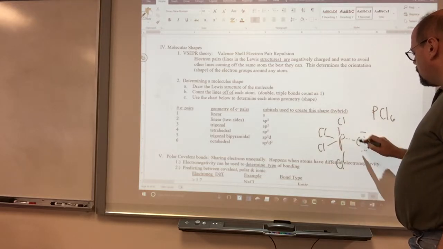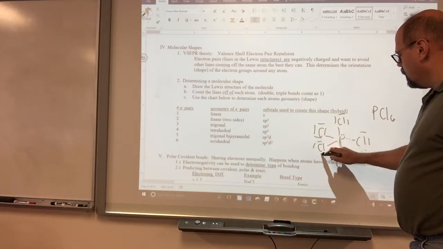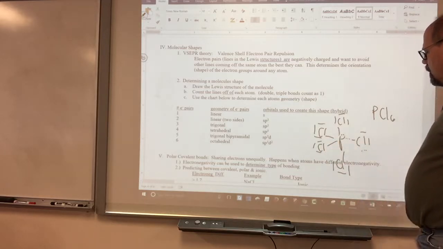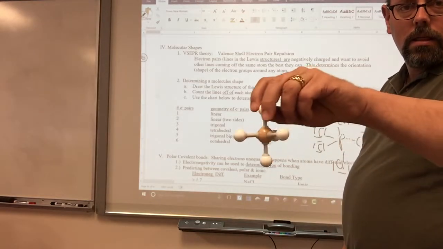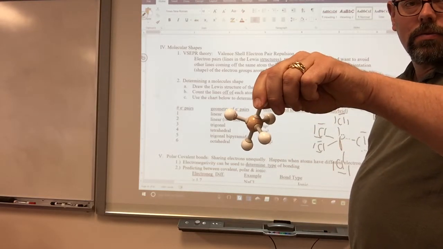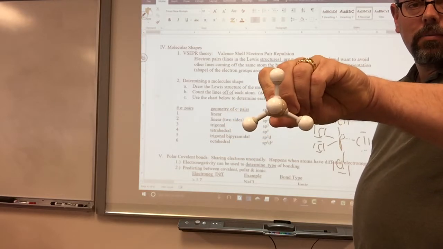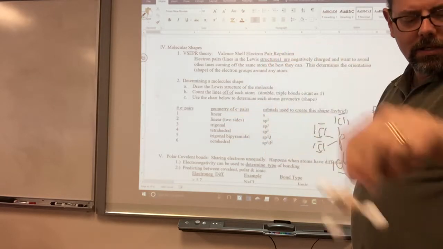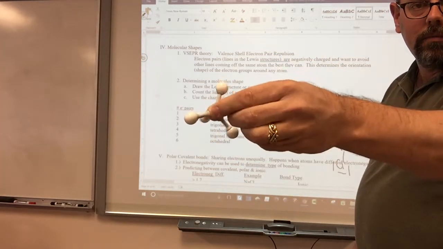Each of the chlorines has their full complement when it's drawn right. Should look like that. Okay, but that center atom looks like this, so that all 5 of those groups are as far away from each other as possible. 3 of them are in the trigonal planar, and then you got a top and a bottom. So that's trigonal bipyramid, 2 pyramids on top of a triangle.